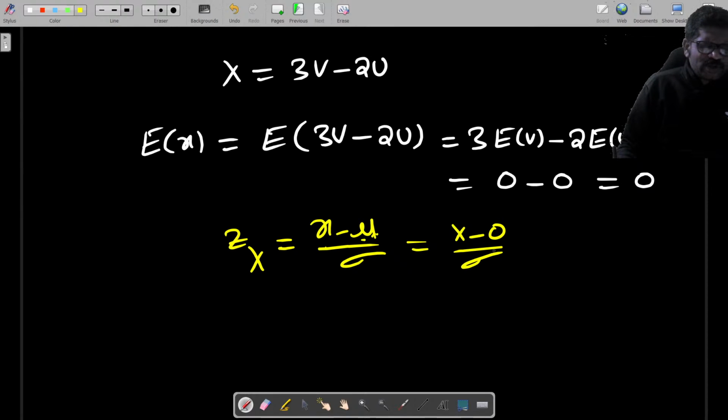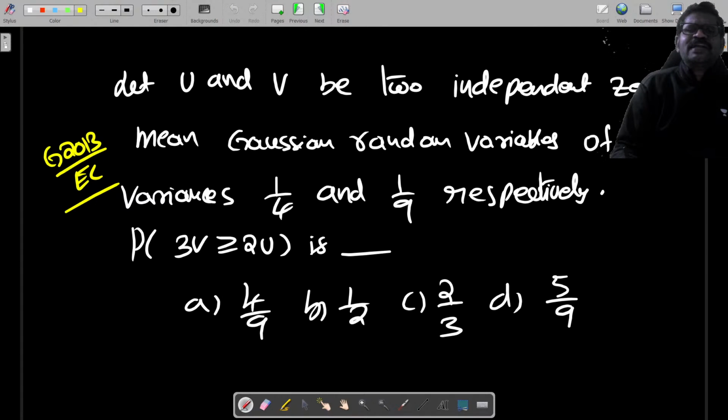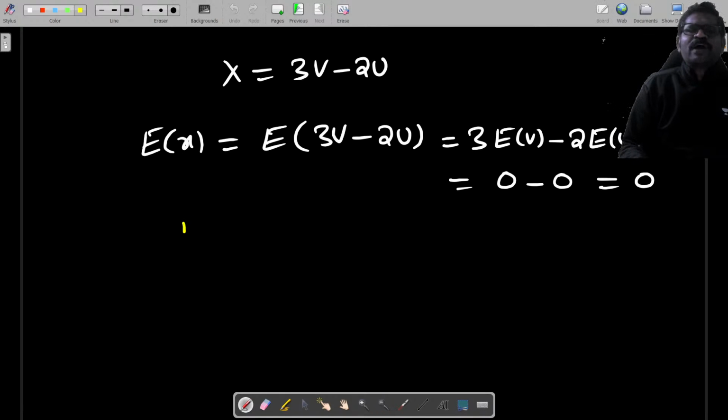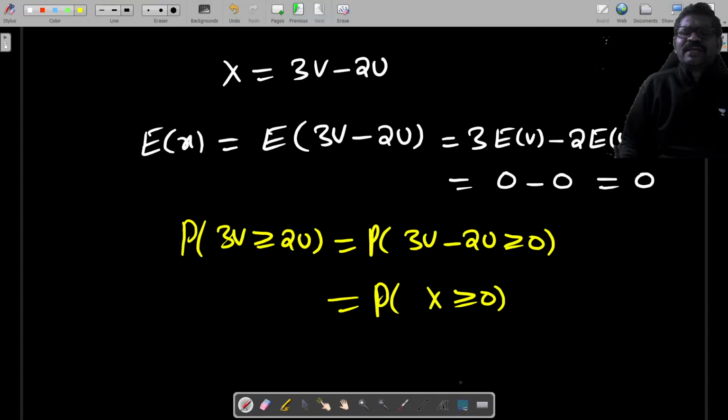So here the probability of 3v minus 2u greater than or equal to 0, we have to calculate. Observe here, probability of 3v greater than or equal to 2u is nothing but probability of 3v minus 2u greater than or equal to 0. That means probability of x greater than or equal to 0.